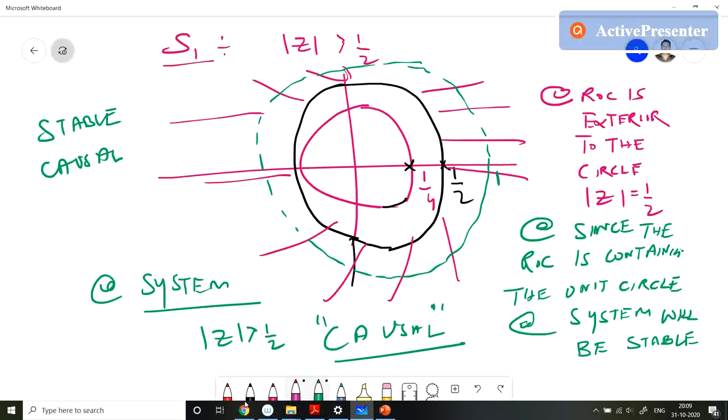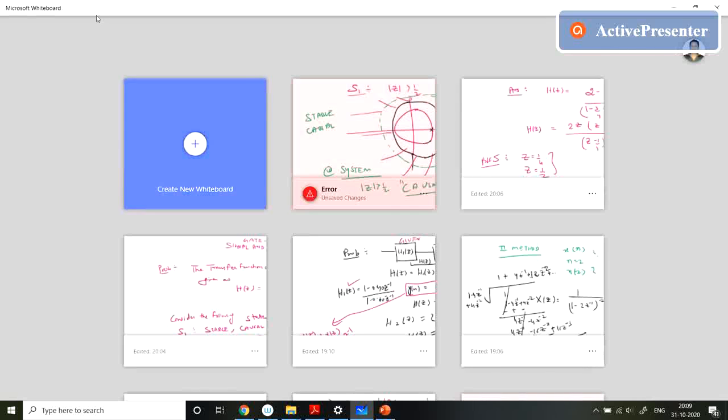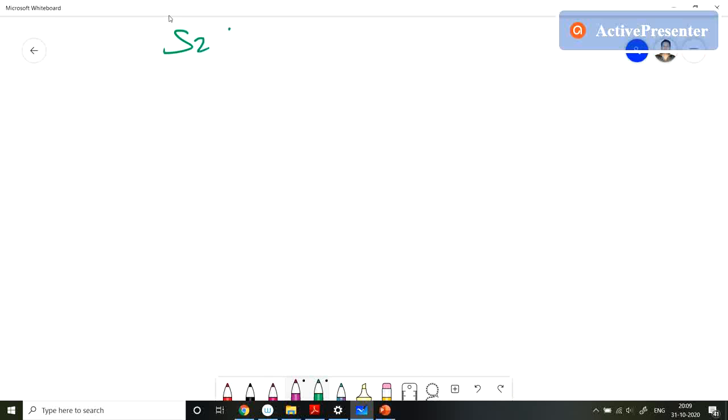Now let us discuss the second system, S2. The ROC is given as modulus of z less than 1/4.